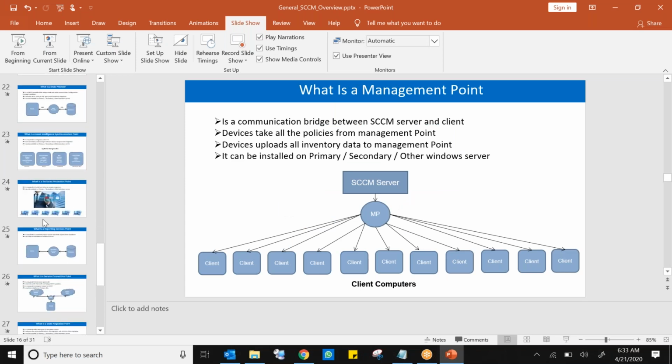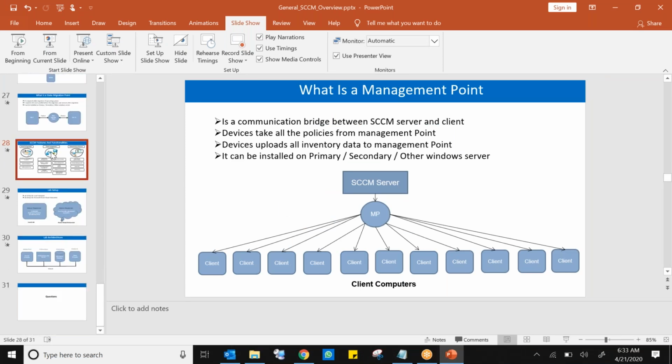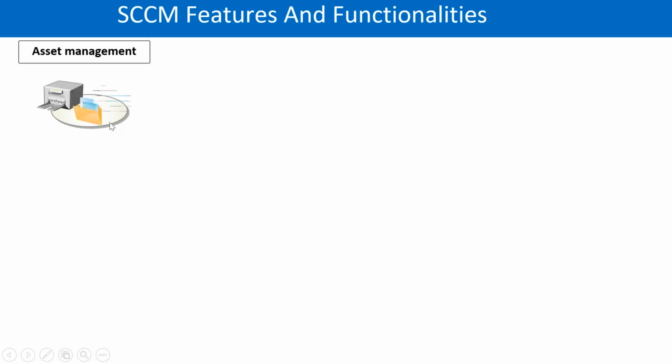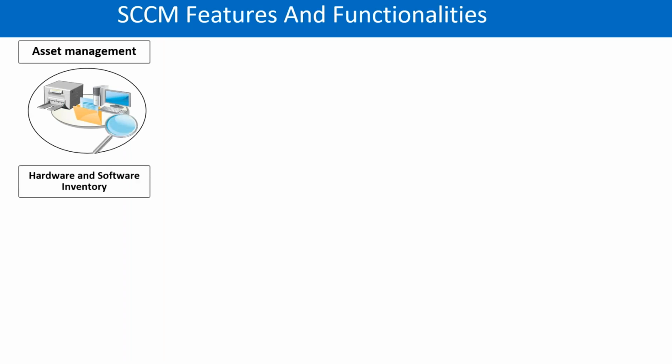Now, why do we need SCCM? Suppose you are working in an SCCM team, or you are going to implement SCCM in companies, what all things can you achieve through SCCM? First, you can do asset management. You can get hardware and software inventory.